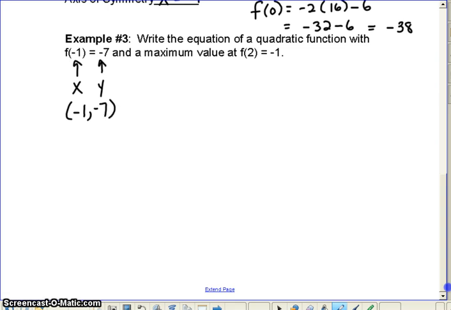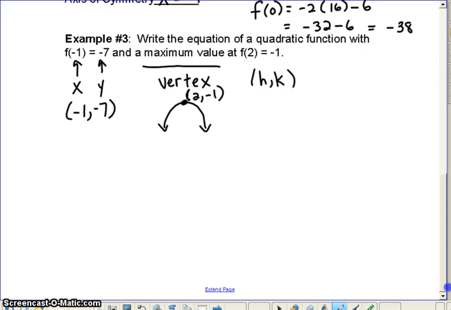All right, the maximum value is your vertex. Okay, this graph is going to open up downward like this, and the point at the very top is the point 2, negative 1. Okay, so h and k is 2, negative 1.